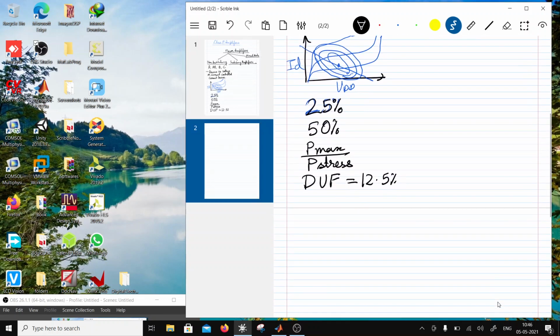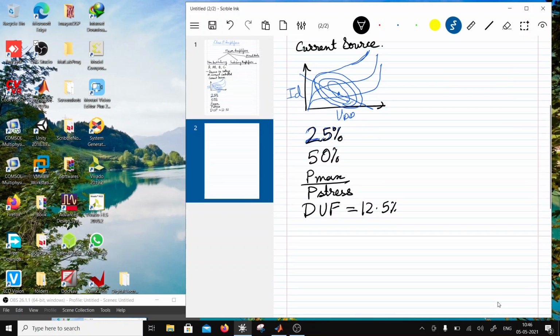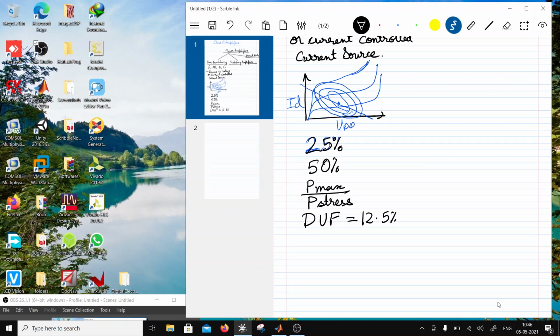Now, if you lower the biasing, so basically you reduce the drain current, you are choosing a higher impedance load line. If you keep reducing the current, the DC resistance shown to the device is going to keep increasing.